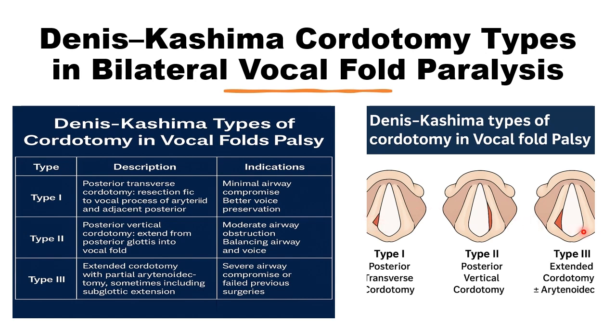In type 3, this is the extended cordotomy. Part of the arytenoid would be ablated together with its vocal process, and the vocal fold would be transected all the way up to the inner perichondrium of the thyroid cartilage to allow for a clearer airway, and it can be done bilaterally.